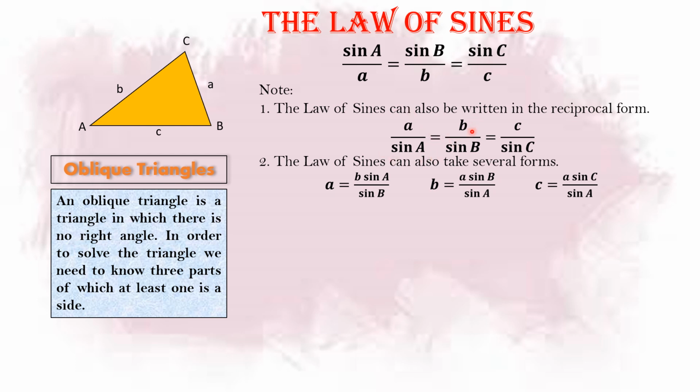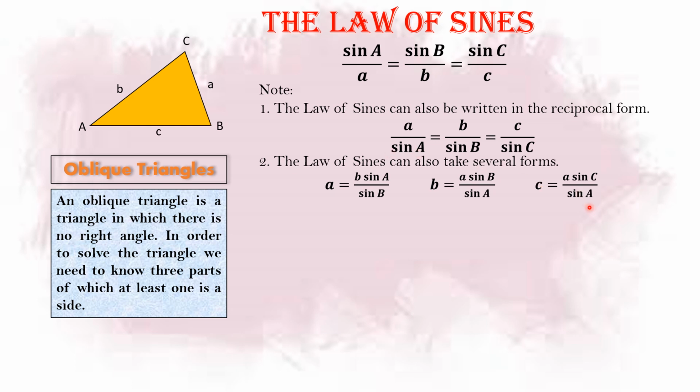So, mangyayari is B is equal to A times, cross multiplication niya, A times sine B, and then over sine A. And then next, if the C is the unknown, ang gagamitin natin is this one, si A. So, C is equal to A times sine C, and then over sine, which is the denominator, the sine A.